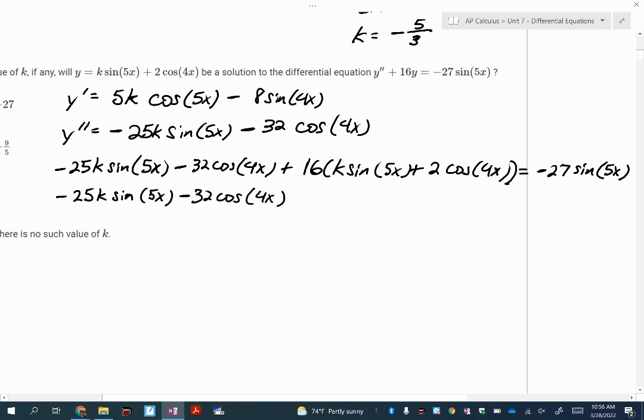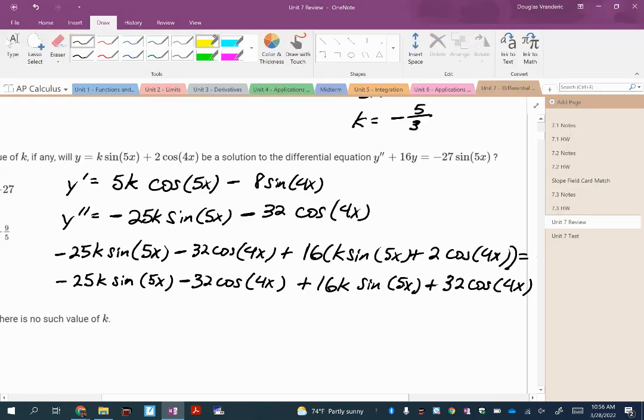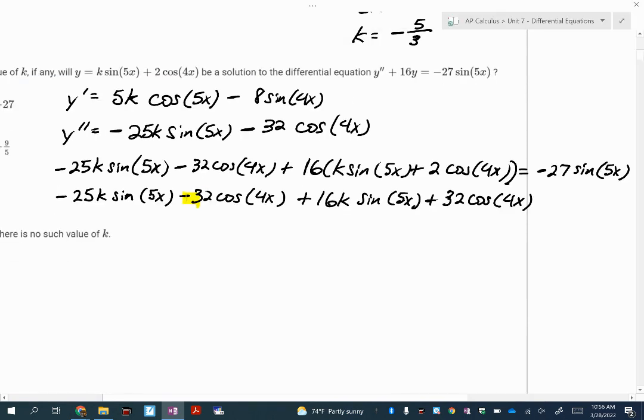Okay, I'm going to distribute the 16. So 16k times the sine of 5x, and then plus 32 times the cosine of 4x. And you'll notice that, like in the first one, you've got two pieces that are going to make 0. This negative 32 cosine of 4x plus 32 times the cosine of 4x makes 0.